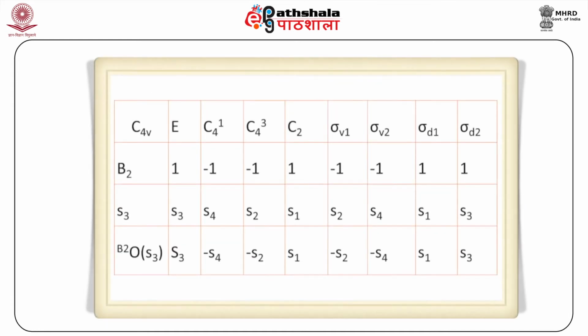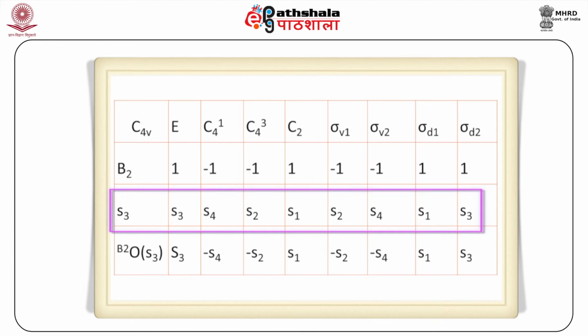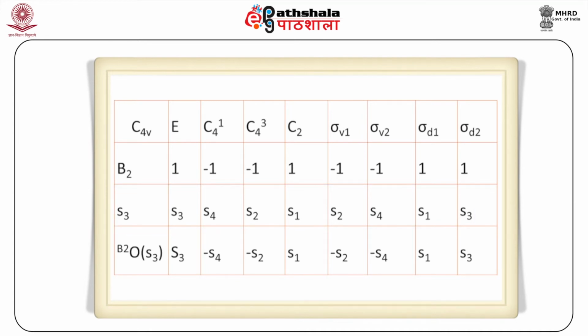If we make use of B2 and go for B2O on S3, again we see the row against S3, that is how S3 transforms is shown over here: S3, S4, S2, S1, S2, S4, S1, S2 like this. Similarly I am getting the result B2O S3 as shown against this.